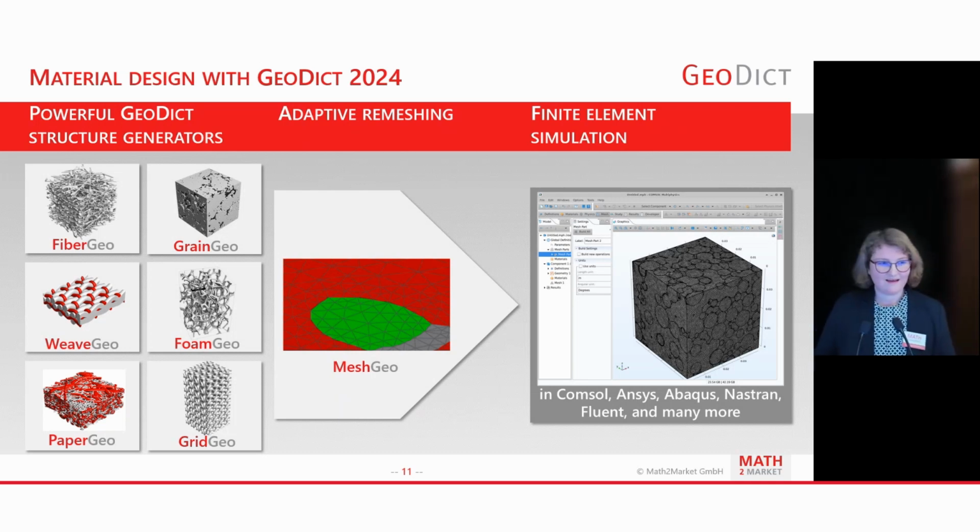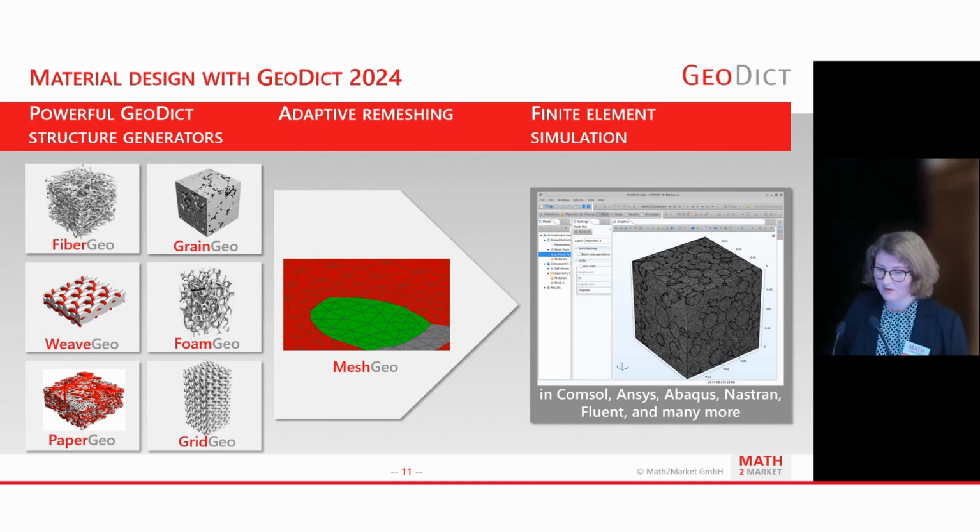And when you export surface meshes to an FE code, you have to be aware that there may not be too many elements. If you have an excessive amount of elements, the FE simulation gets really slow. So we have coarsening, smoothing, and remeshing to reduce the number of triangles. And in GeoDict 2024, the remeshing becomes even more powerful because it allows adaptive remeshing.